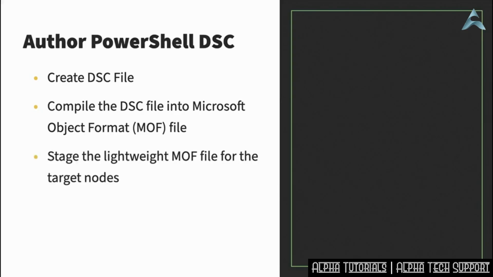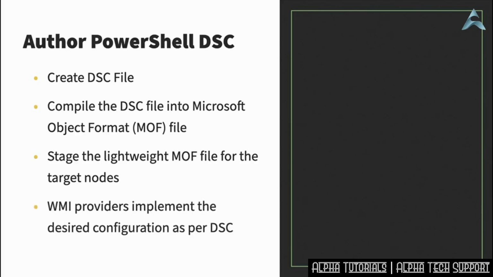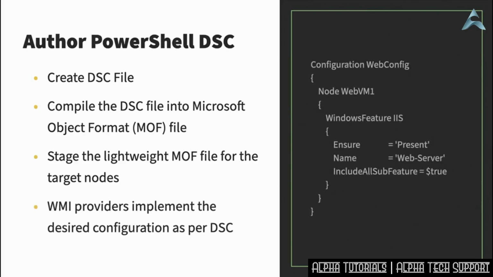Once the file has been compiled, we need to have these lightweight MOF files staged for these target nodes, where we want the DSC to make the nodes compliant. Now is when the Windows Management Instrumentation takes care of the implementation of the configuration. Here on the right hand side, you can see an example which shows how the PowerShell DSC files are written. This is a very basic sample just for your understanding.